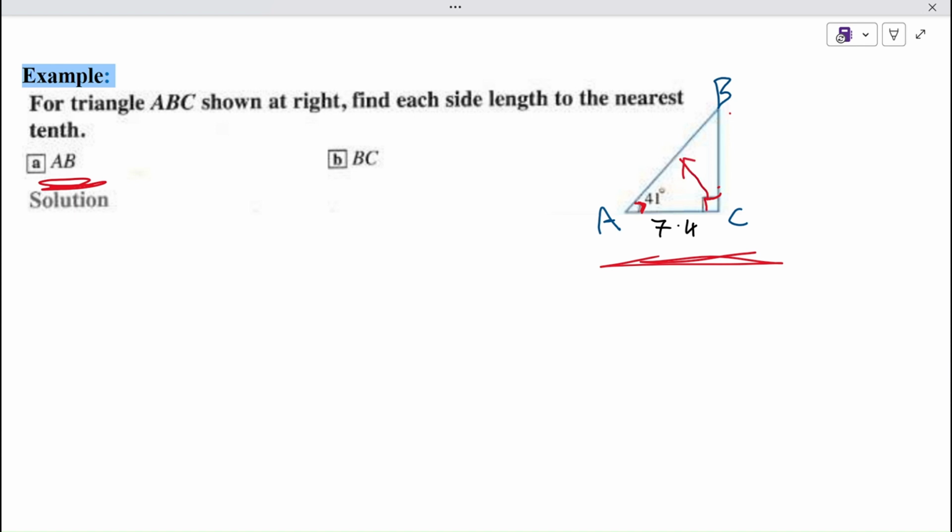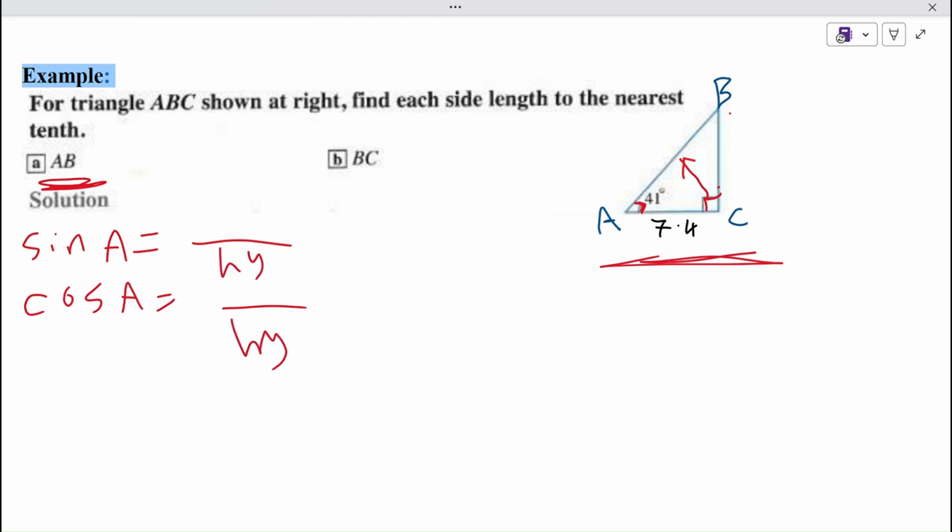So think about which of the rules includes hypotenuse. Of course, sine and cosine, in which we have hypotenuse in the denominator.